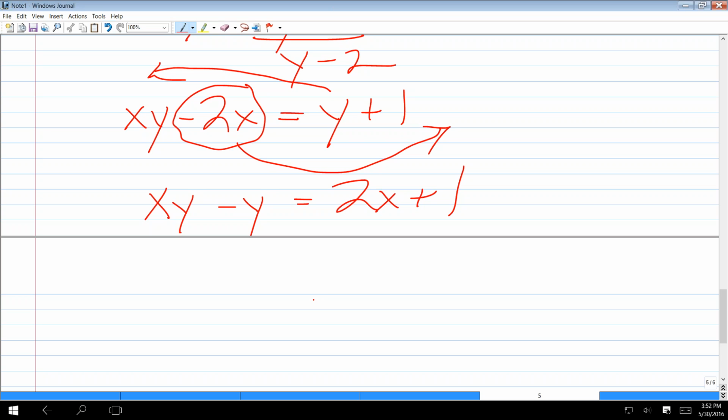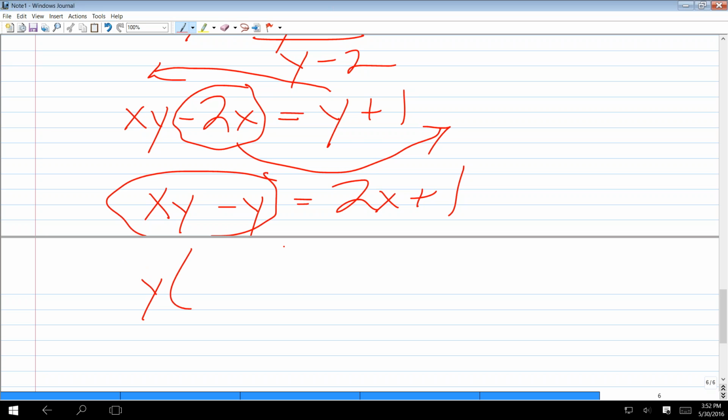What can I factor on the left side? Remember, I'm trying to solve for y. What's the greatest common factor that I can take out of that? A y. There you go.